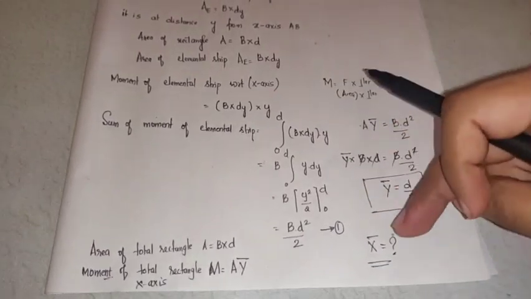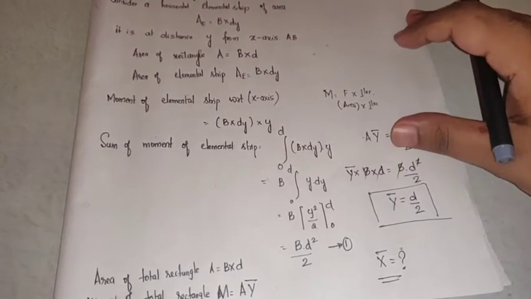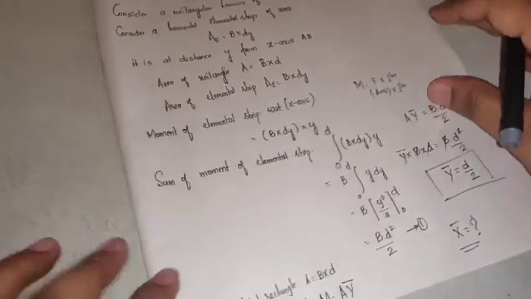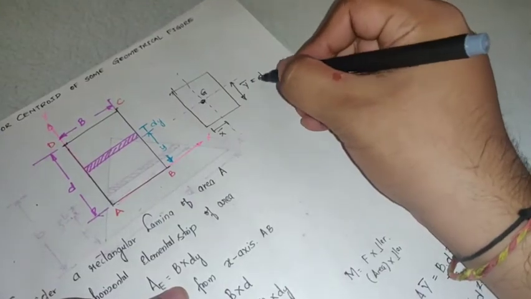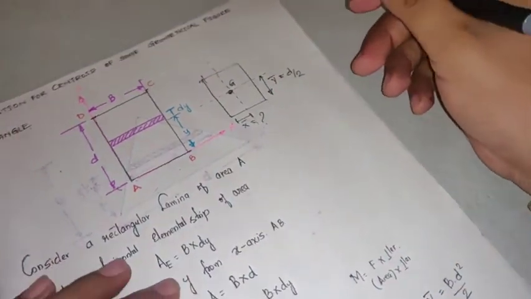Similarly, in order to calculate x bar, how will you calculate? You solve this and get back to me. This is your assignment for today. So hope you understood how we calculated. This value is d by 2. Now we calculate x bar. Okay, moving on to the next.